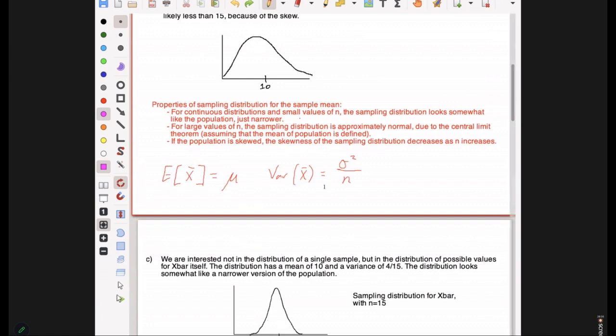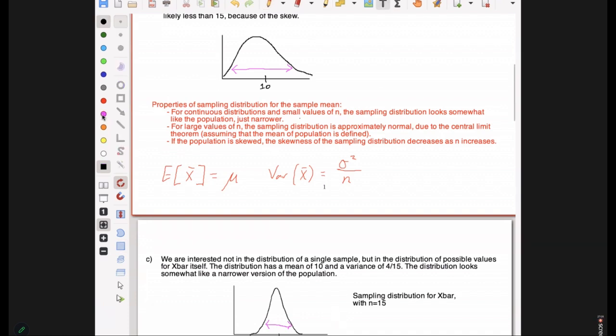So if we compare what I'm drawing in pink here to what I'm drawing in pink up here, which I labeled as the approximate distribution we would expect for a sample of size 100. But that's the same shape and width as the population distribution.